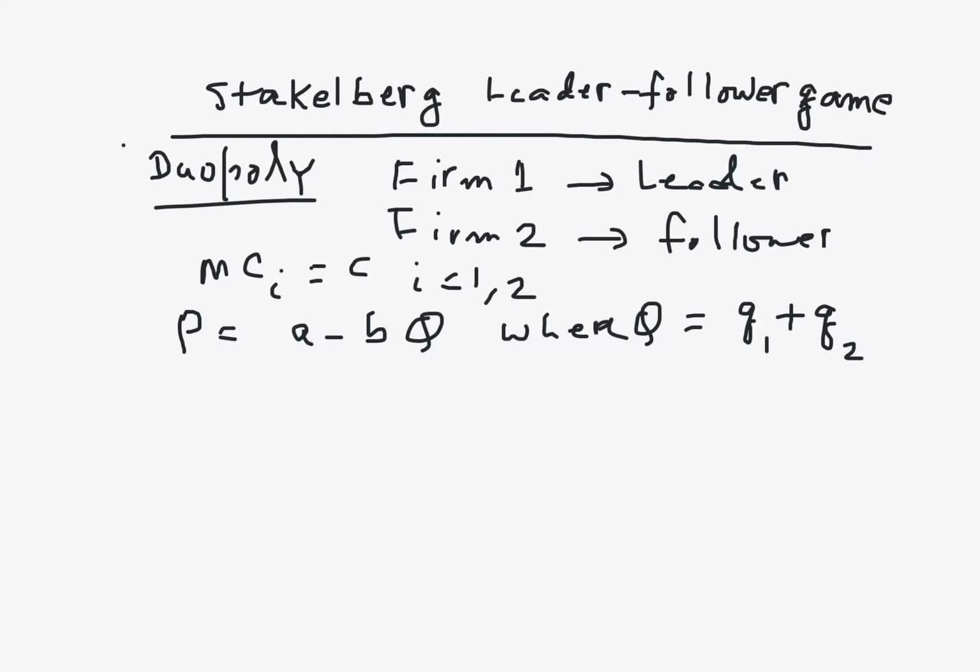We're assuming it's a complete information game, meaning firm two knows what firm one had chosen, the payoffs are known to everyone, and the strategies are known to all players. To solve this game, we'll apply the backward induction argument, and that, in this kind of setting, is going to result in the subgame perfect equilibrium.